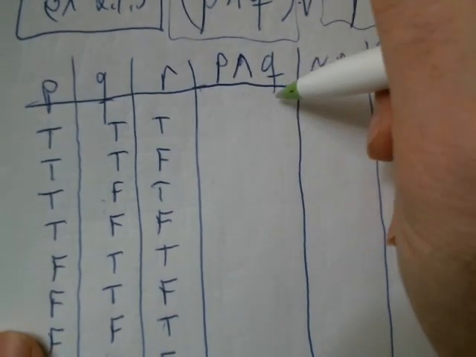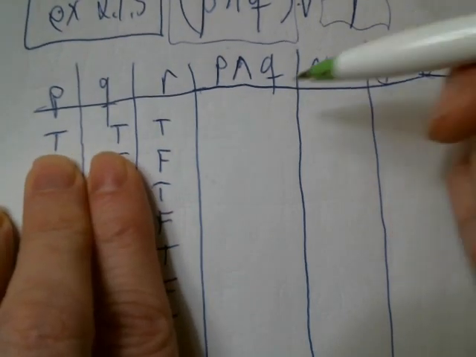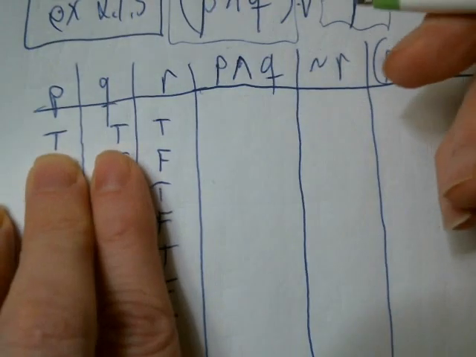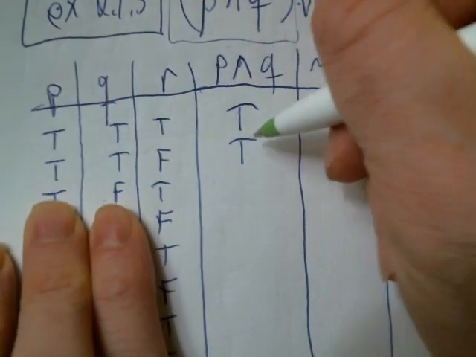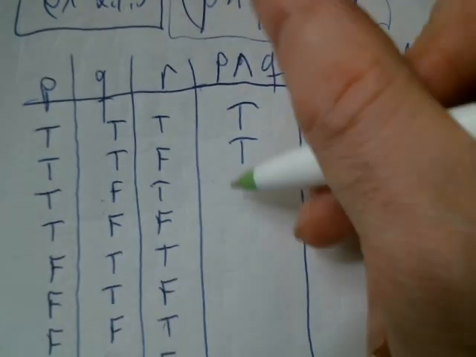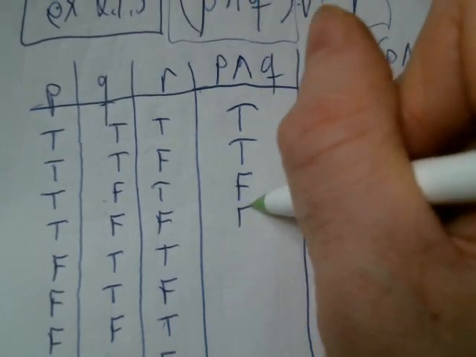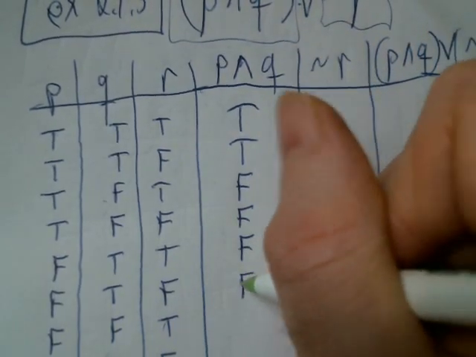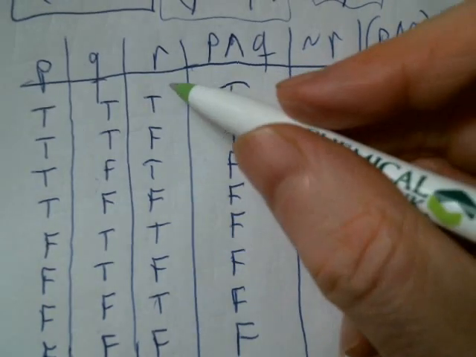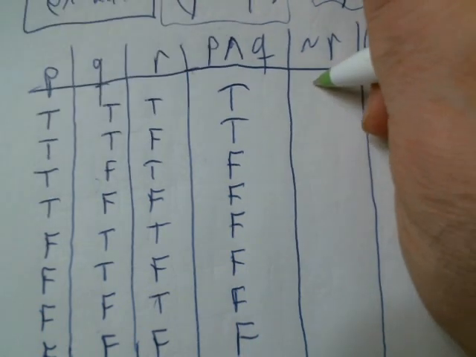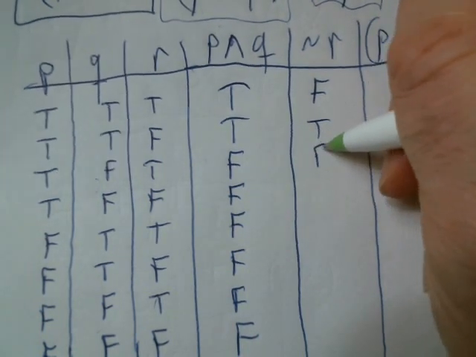All right, so first P and Q. Looking at the first two columns, it's only true when they're both true. So this is true, and then the rest will be false. If you see a false, it's automatically going to go false. Not R is just taking the R column and flipping. So this would be false, true, all the way through.